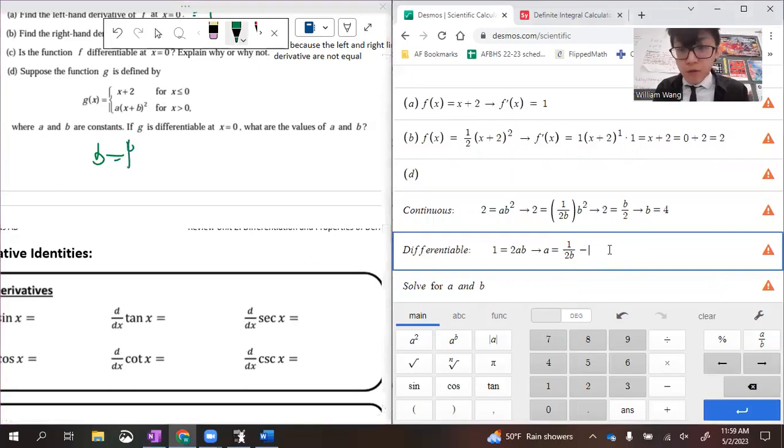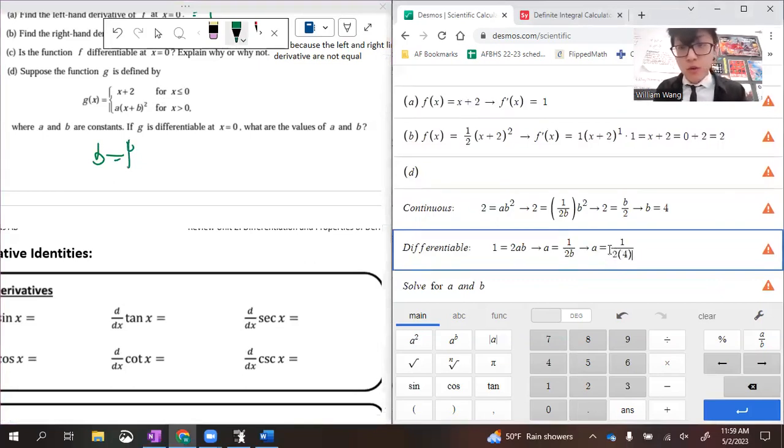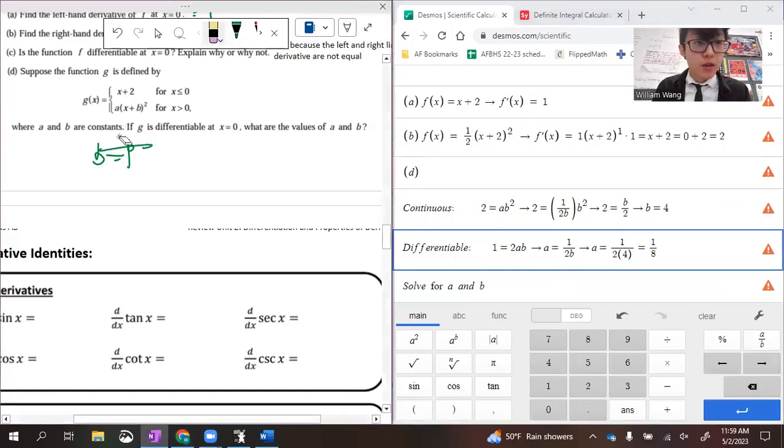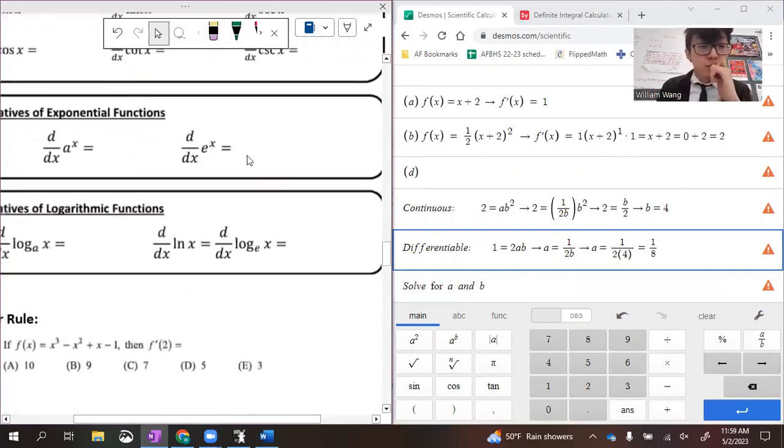If b is equal to 4, that means a is equal to 1 over 2 times 4, which means a is equal to 1 over 8. So let me erase that. So basically my answers are b is equal to 4, a is equal to 1 over 8. There we go. Those are my final answers. All right, hopefully that makes sense.